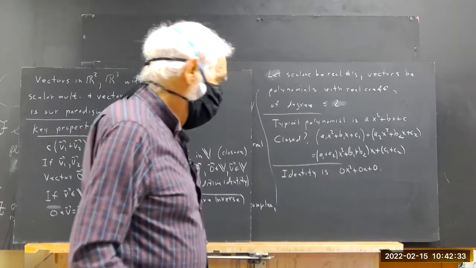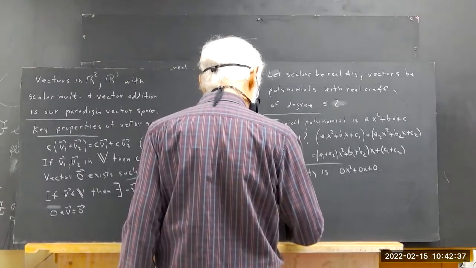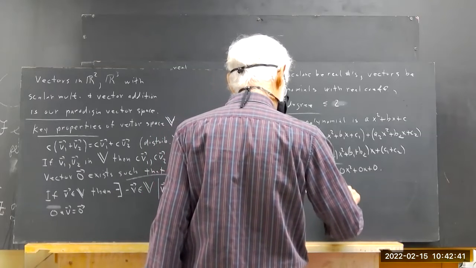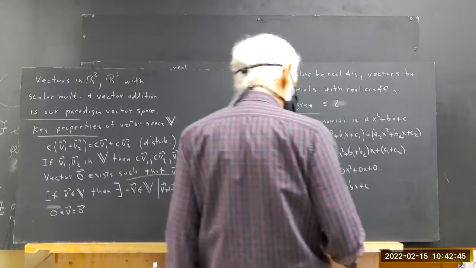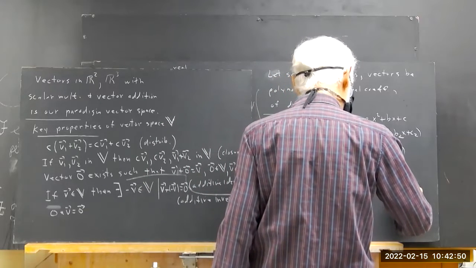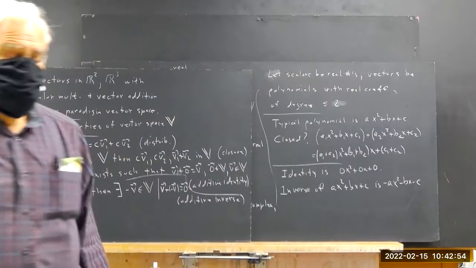So we have this, okay? Inverse. So the inverse of ax squared plus bx plus c is negative ax squared minus bx minus c. Very simple.